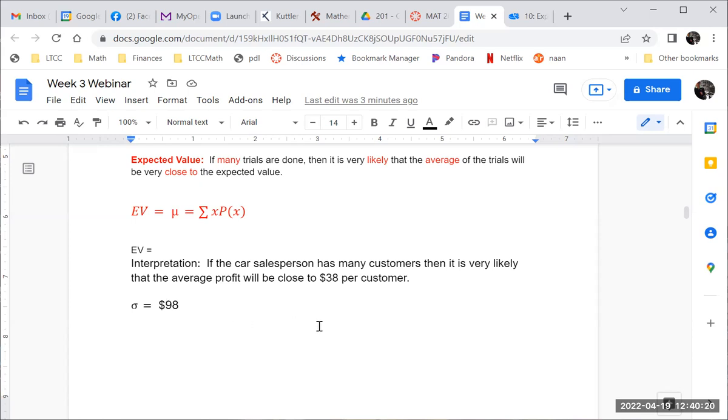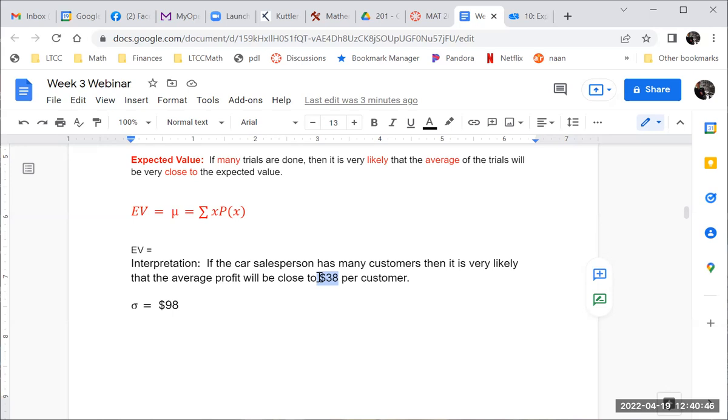Okay, wait, I'm sorry. But in this case, you said that the standard deviation is quite big. Yeah, so relative to the mean. Am I measuring $98 against the potential of $290? Actually, you're measuring it from the average here. Your average income is $38 per customer.